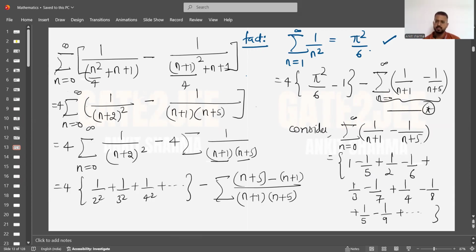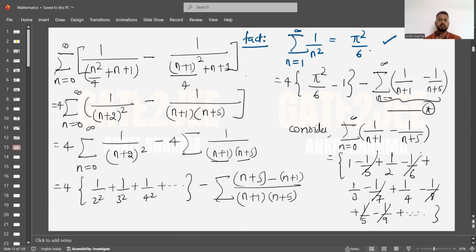So we notice that this starts becoming the telescope after this 1 over 5 gets cancelled. 1 over 2 survives. 1 over 6 will also get cancelled in the next part. So we are left with 1 plus 1 over 2, 1 over 3, and 1 over 4, post which everything gets cancelled.